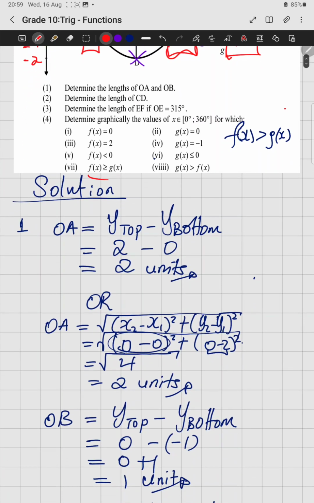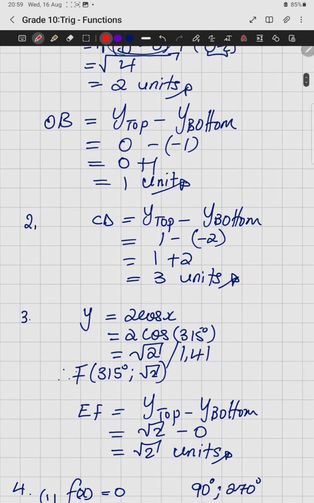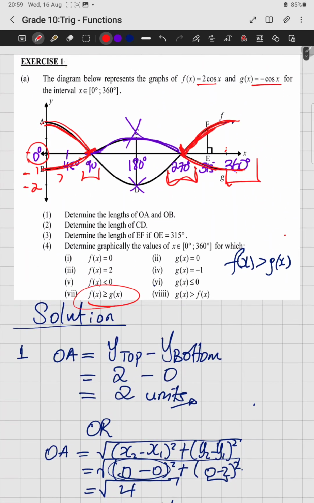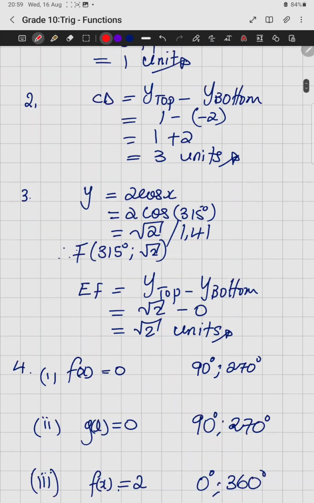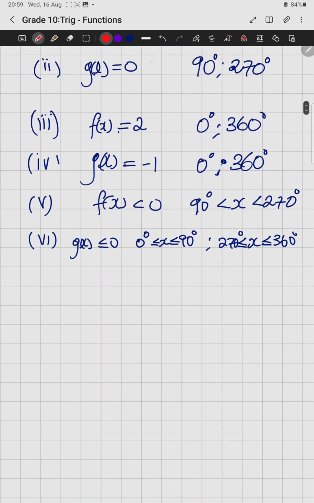So simple as that, and then we're going to use that symbol of greater or equal. Remember, x is between 0 and 90. So x is greater or equal to 0 and less or equal to 90, and same applies on this portion over here. So that means in number 7, it must be when f of x is greater or equal to g of x.